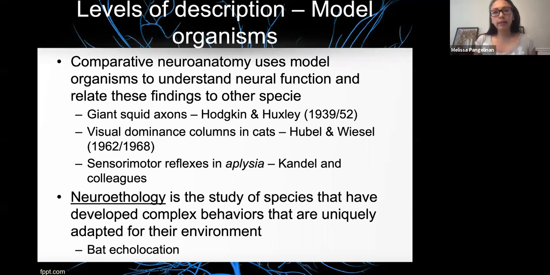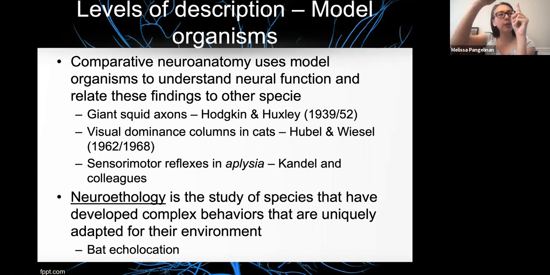And then some of the work that's a little bit more recent is understanding basic sensory motor reflexes and learning by Eric Kandel. This was really in the 1970s and 1980s, and he received the Nobel Prize in 2000 for his work with aplysia, which is a sea slug that has a little siphon at the end.